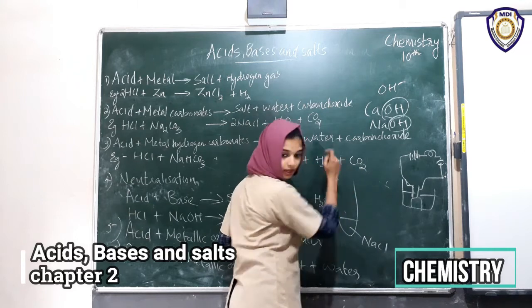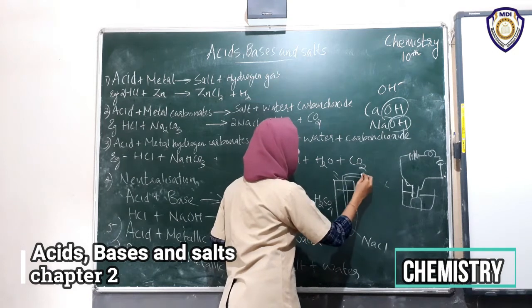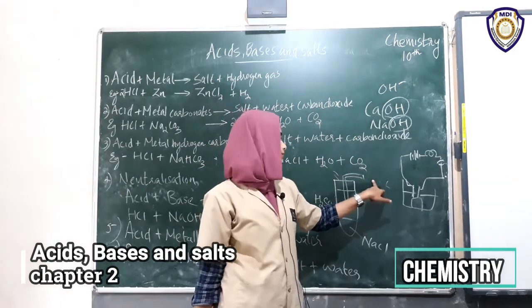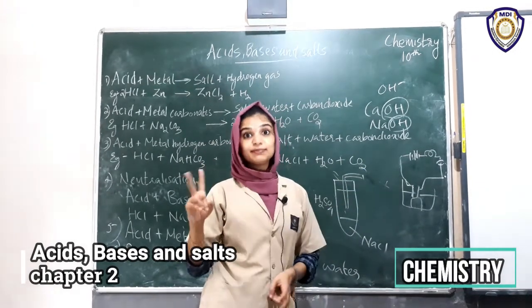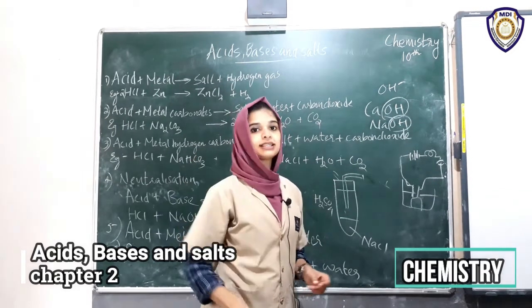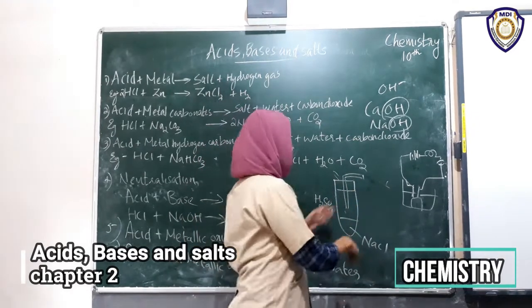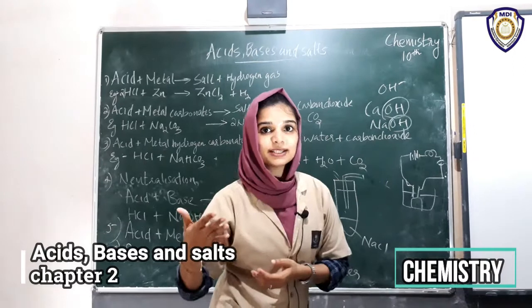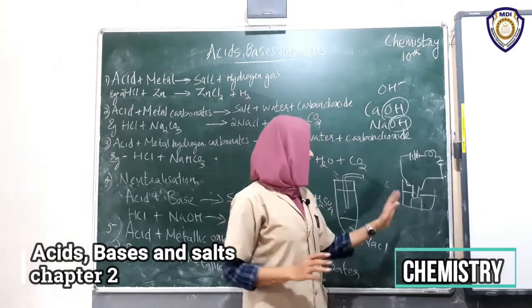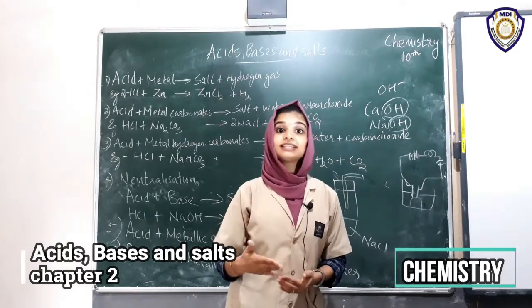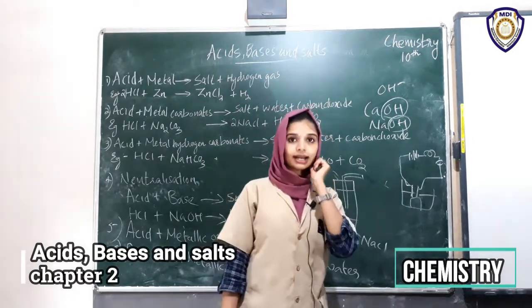A gas will evolve, and we collect this gas through a tube, and at the mouth of the tube we place two litmus papers, one wet and one dry. We are taking blue litmus paper. First we place the dry litmus paper. What happens? Its color never changes. Then we place the wet litmus paper. The wet litmus paper's color changes to red.